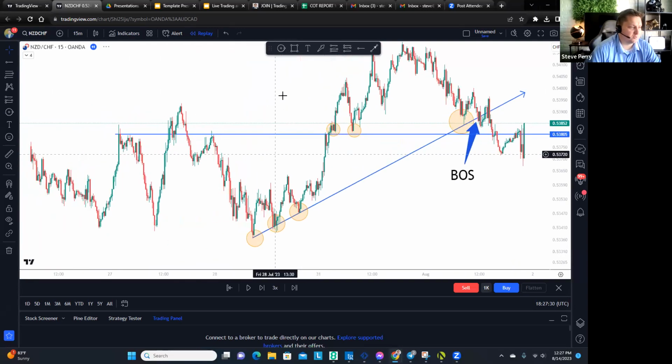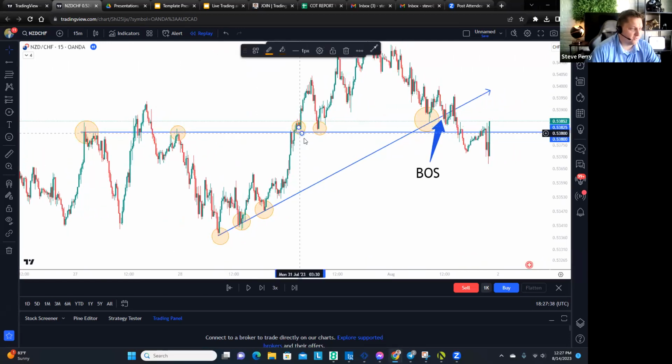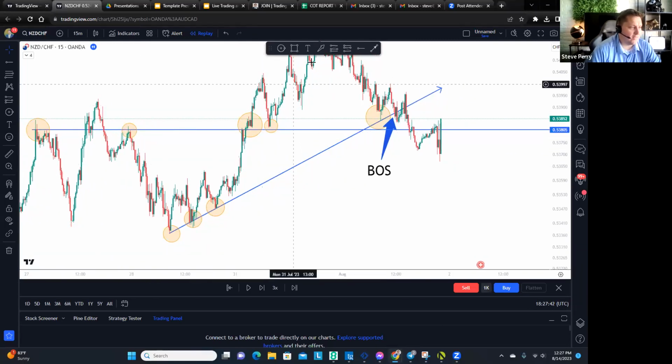You can see this was resistance back over here, acted as a resistance area. It was resistance right here, acted as resistance kind of in this area. And then it became support. It acted as support right in here. I guess it only acted as support once or twice there.